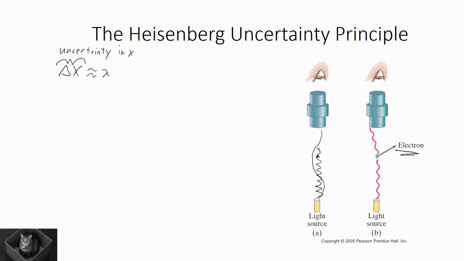Now we can just have really short wavelength light. That corresponds essentially to high resolution images. But if we have short wavelength light, that means it has a lot of energy and a lot of momentum. And in order to interact with a particle, it might impart a lot of that energy or momentum to the particle.